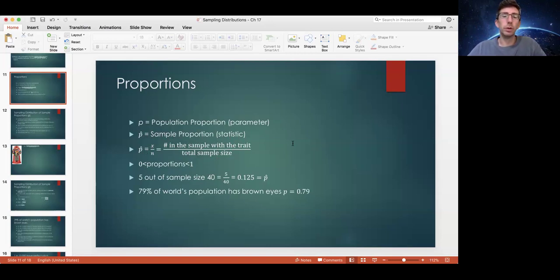If you wanted to take a sample in our class for the proportion of students that had blue eyes, x in that case would be the number in our sample with blue eyes. So maybe we sample 10 students, and basically you either have blue eyes, yes, or you don't.